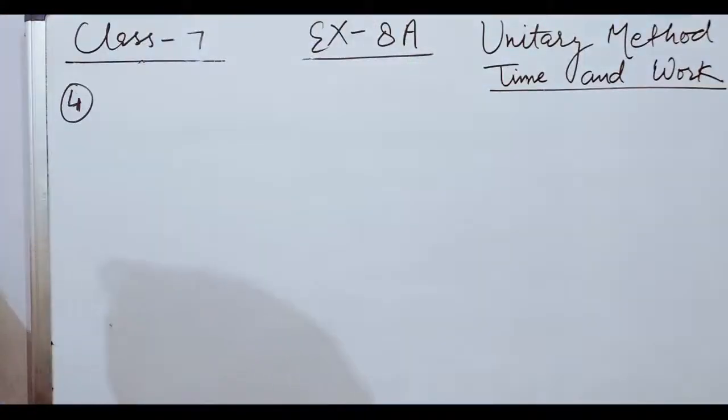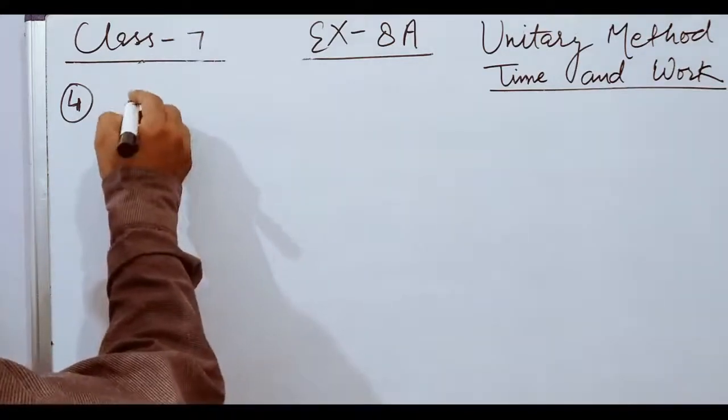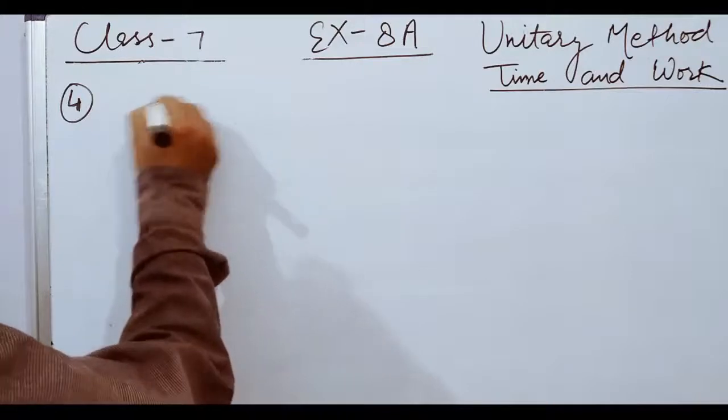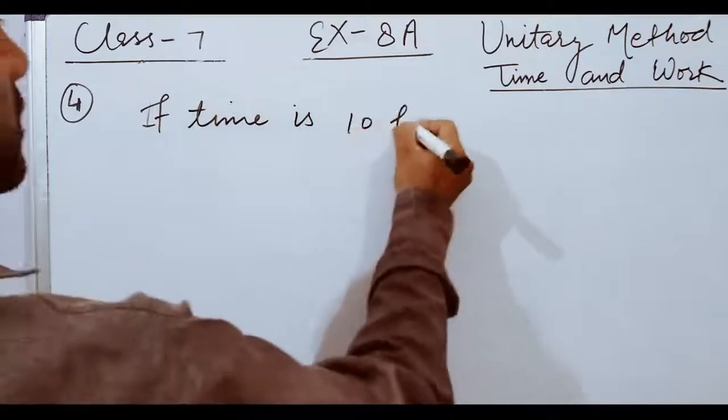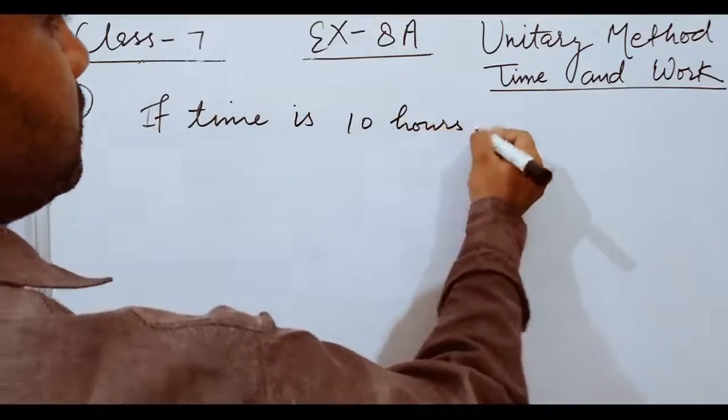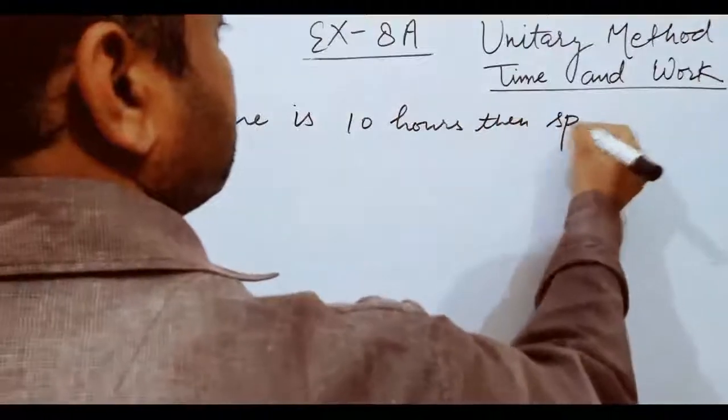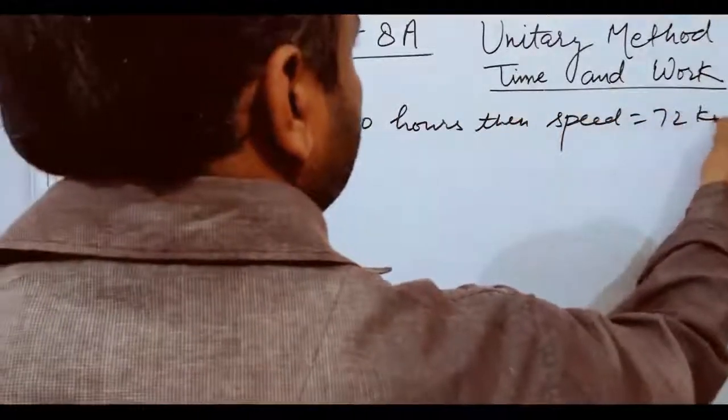A person at a speed of 72 km per hour travels by car from Delhi to Chandigarh in 10 hours. What should be the average speed of the car so that the person can complete the journey in 8 hours? See, if time is 10 hours, then speed is 72 kilometer per hour.